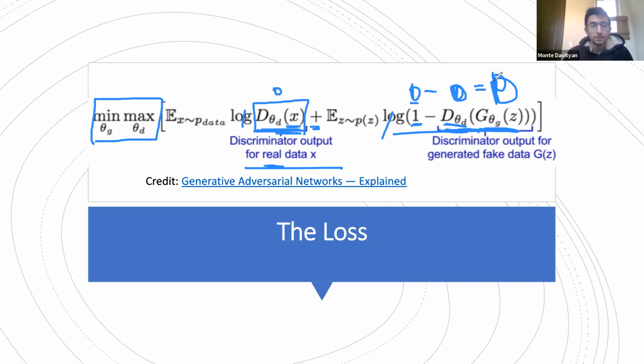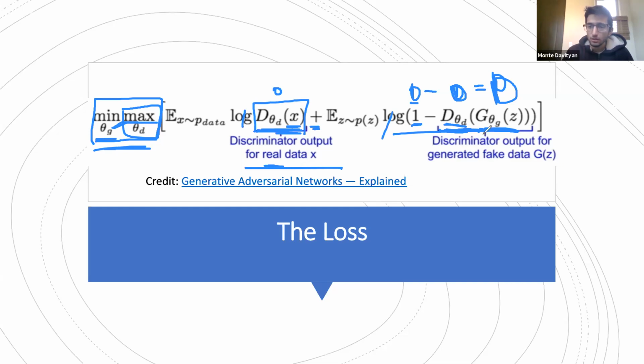The generator, on the other hand, this is where the min and max come in. Let's look at this max. This corresponds to the generator, actually. What the max is saying is that the generator is trying to maximize the loss of the discriminator.